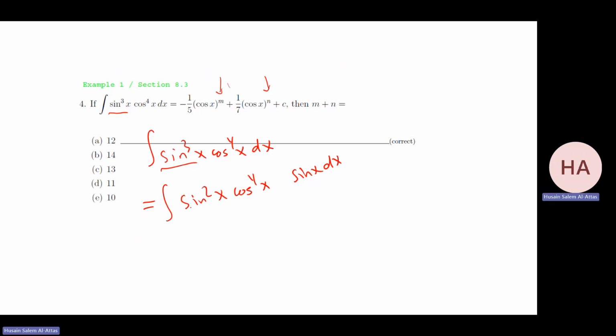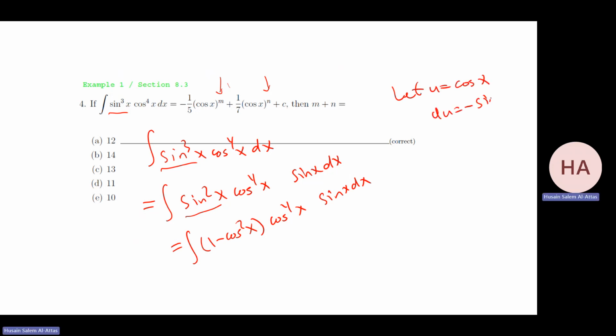Then I need this to change into cosine. That will be 1 minus cosine square, cosine to the power 4 times sine x dx. I let u to be cosine x. Du will be minus. Don't forget, I have a minus sign. And I need a minus sign outside.